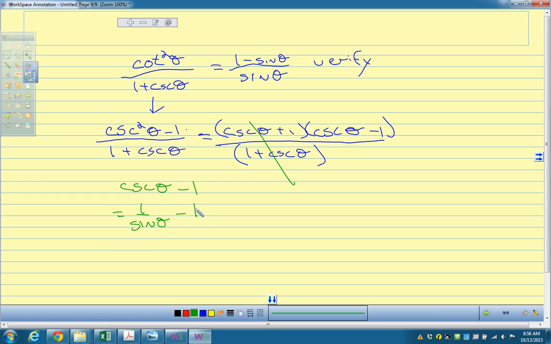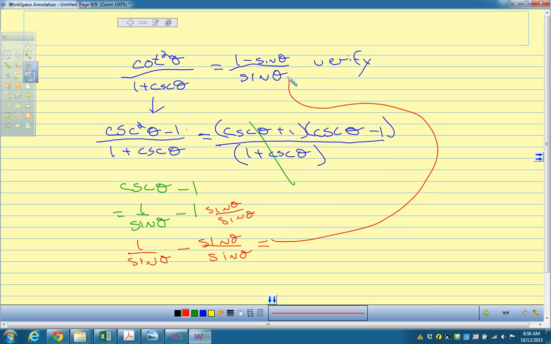And if I find a common denominator, right, if I multiply this, negative 1, by sine of theta over sine of theta, then I have it, right? 1 over sine theta minus sine of theta over sine of theta, and that's equal to this. See? Right? 1 minus sine theta, the whole thing over sine. Yeah? No?